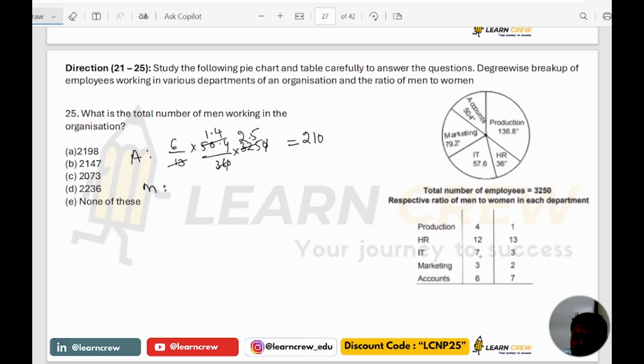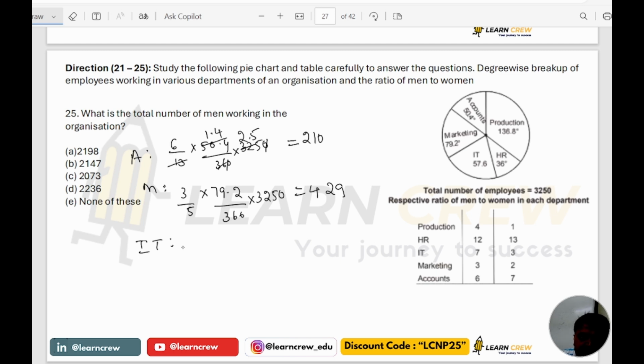Similarly for marketing, it is how much? For marketing, the number of males is 3 by 5, 3/5 of 79.2. 79.2 out of 360. Just now we already calculated this. It has 429. And IT, how much?